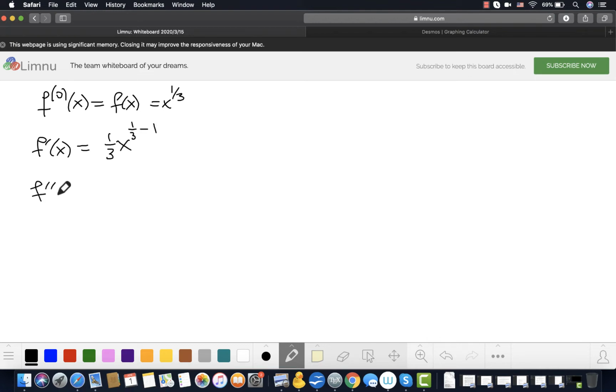The second derivative is 1/3 times (1/3 minus 1) times x to the power of 1/3 minus 2, because if you subtract 1 from the exponent, the minus 1 becomes a minus 2.